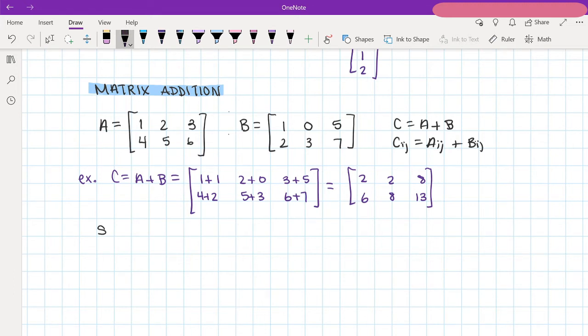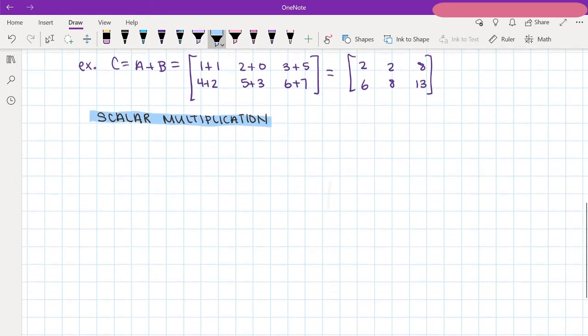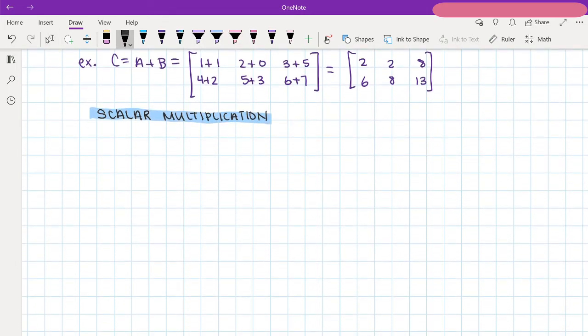The next thing we're going to cover is scalar multiplication. If we have a matrix, let's call it A, and there's a scalar k, which is just a number, then kA is obtained by multiplying all entries by k. So this would mean that you take a matrix A and multiply each and every value in A by the value k.